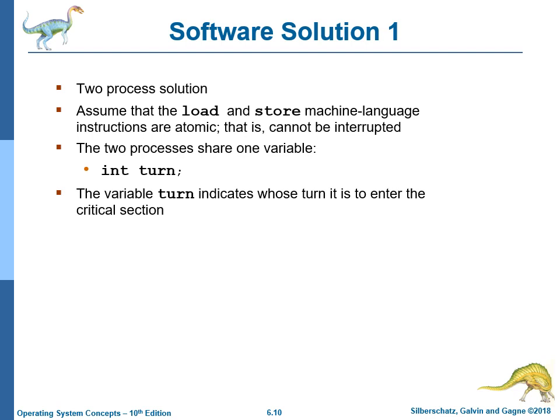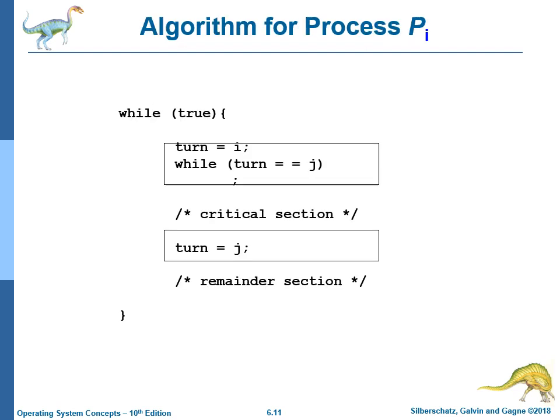So kalau ada load and store ni, processor dah tahu, okay, kita tak boleh interrupt. Okay, and these two machine functions ni kita akan share gunakan satu variable dipanggil turn. Turn ni akan indicate siapa the next process yang akan enter to the critical section. Okay, so this is the algorithm lah.